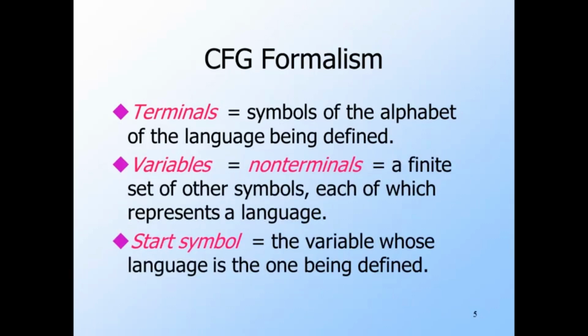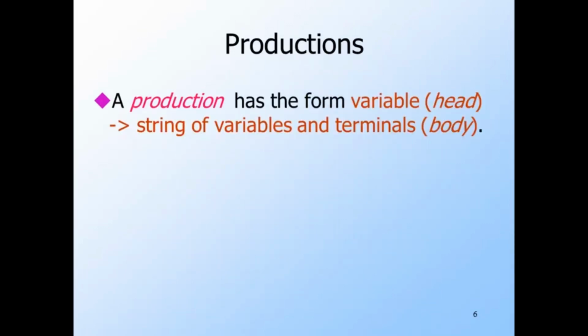Any other variables are used as auxiliaries, but we can think of them as internal to the grammar, and their languages are not visible outside. The productions of the grammar, which are akin to the transition function of an automaton, have the form of a variable on the left, sometimes called the head, an arrow, and a string of 0 or more symbols which can be terminals or variables. These are sometimes called the body of the production.